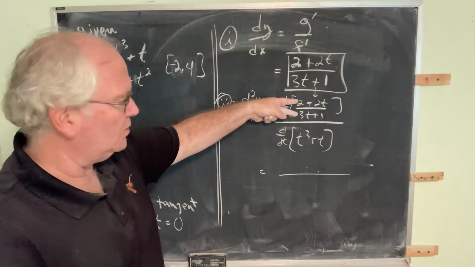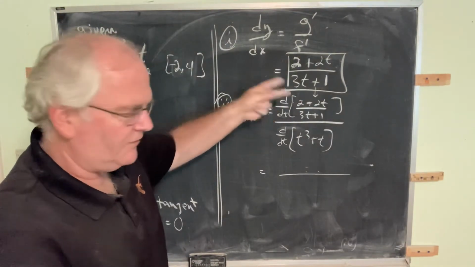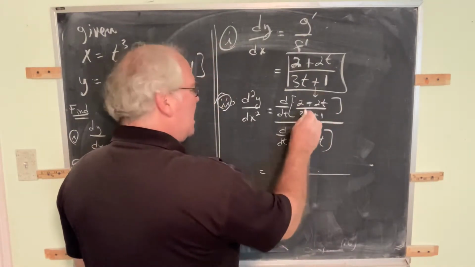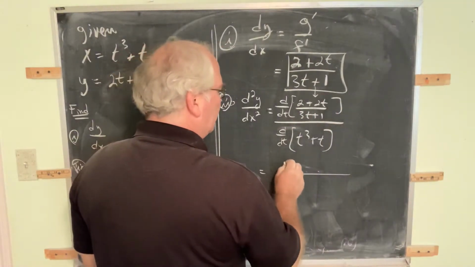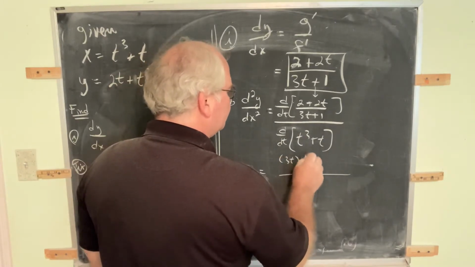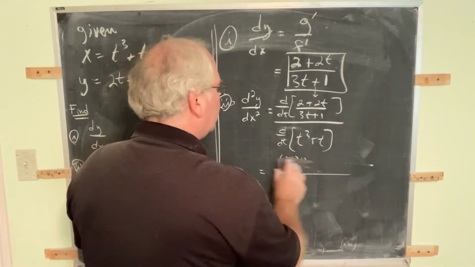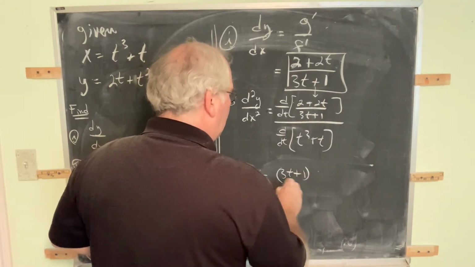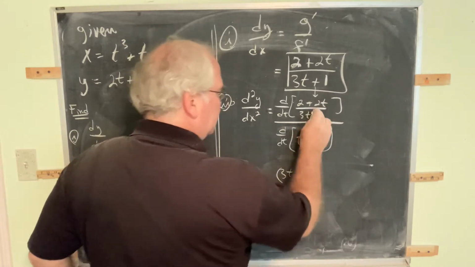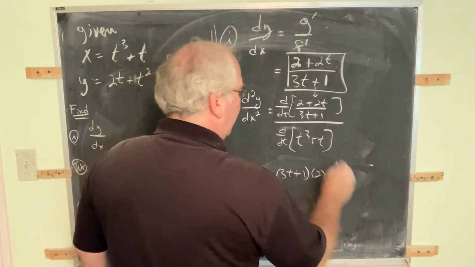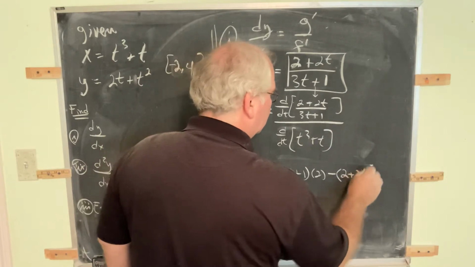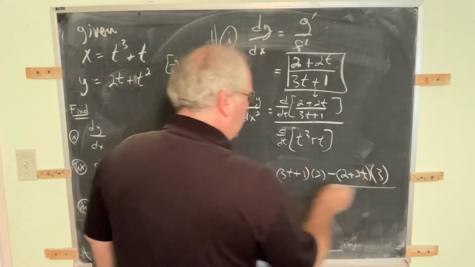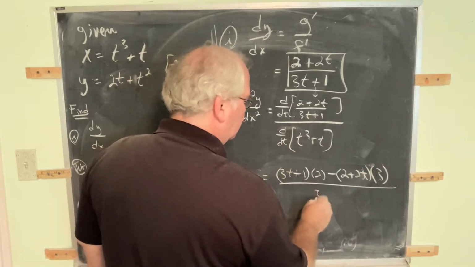We get to use the quotient rule. However you learned the quotient rule, denom denom, or low d high minus high d low, or however you learned it. This is the denominator times the derivative of the numerator, which is just 2, minus the numerator times the derivative of the denominator, all over the denominator squared.